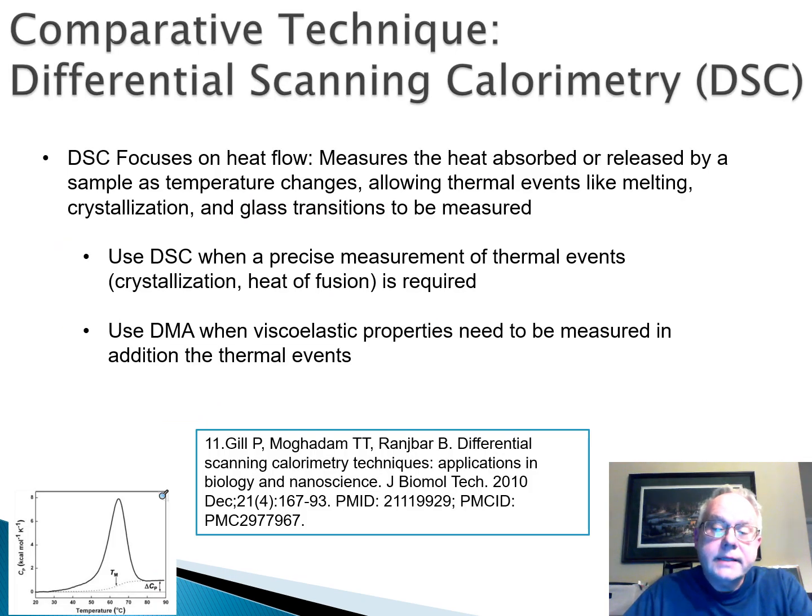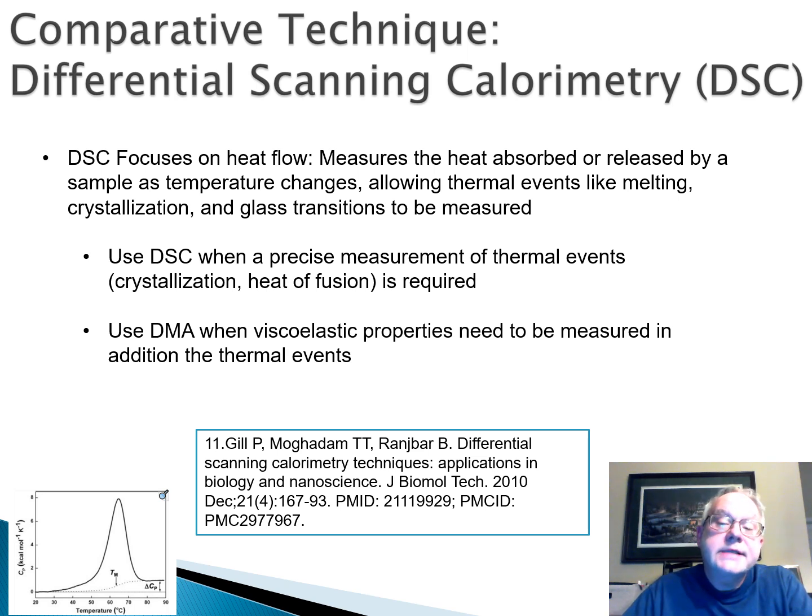A comparative technique to DMA is differential scanning calorimetry, DSC. DSC focuses on heat flow, measures the heat absorbed or released by a sample as temperature changes, allowing thermal events like melting, crystallization, and glass transitions to be measured.